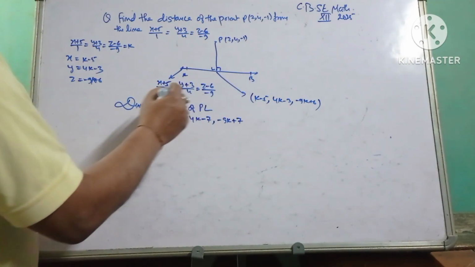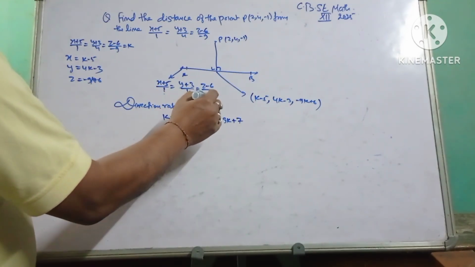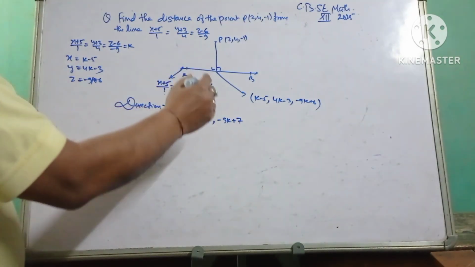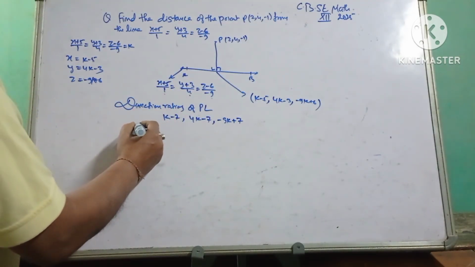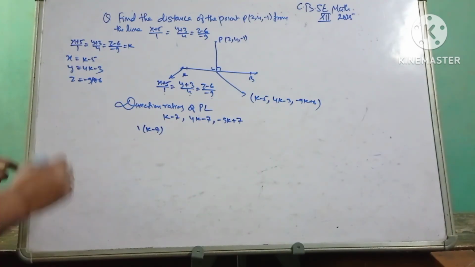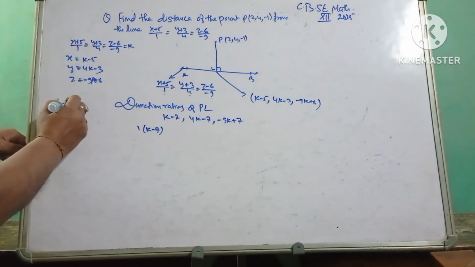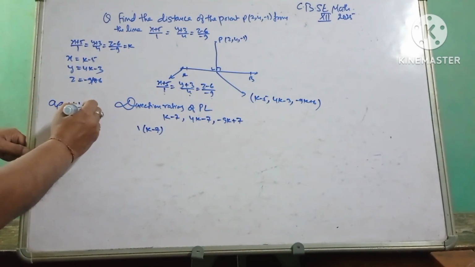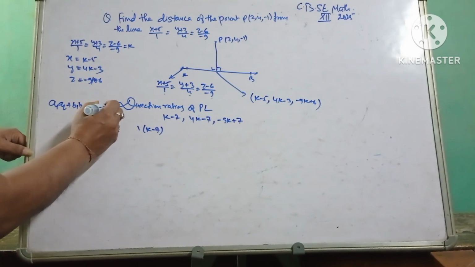The direction ratios of the line are 1, 4 and minus 7. Because they are perpendicular, a1 a2 plus b1 b2 plus c1 c2 will be 0.